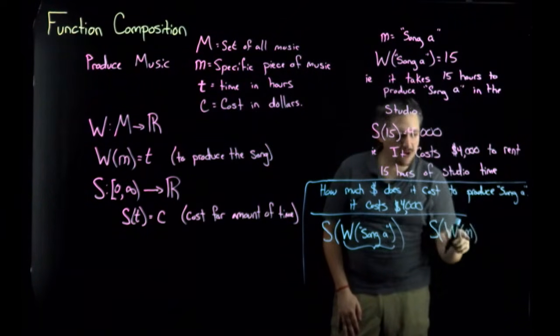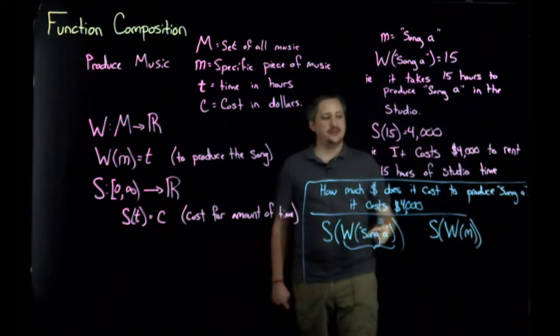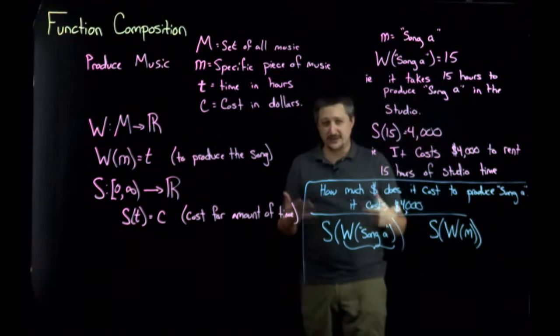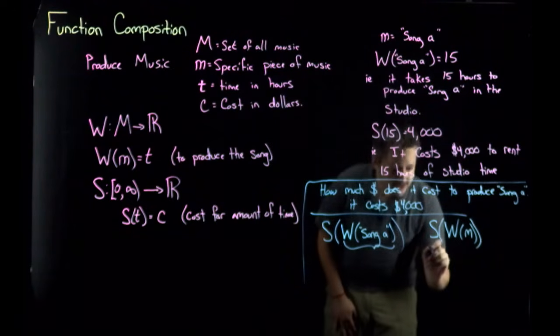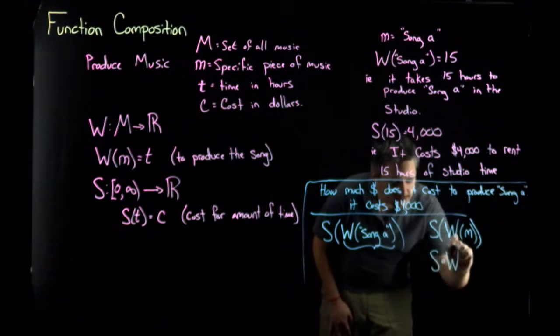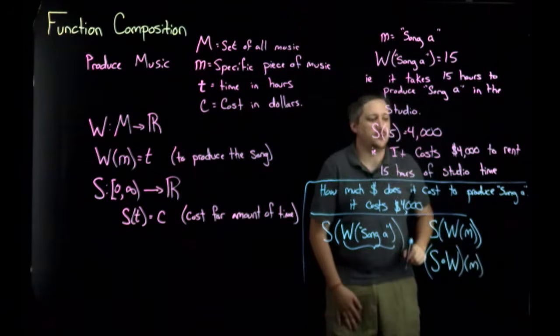However long it takes to work on the song, the cost of that time will be my answer. So this is a composition of functions. Last but not least, in terms of the notation, I can write this as S applied to W of M.